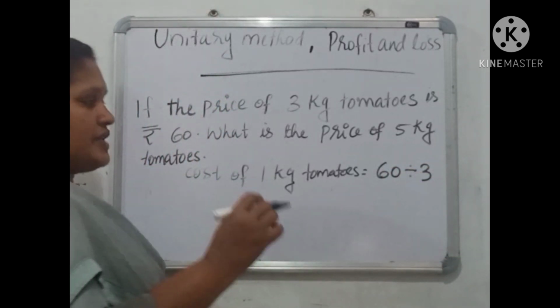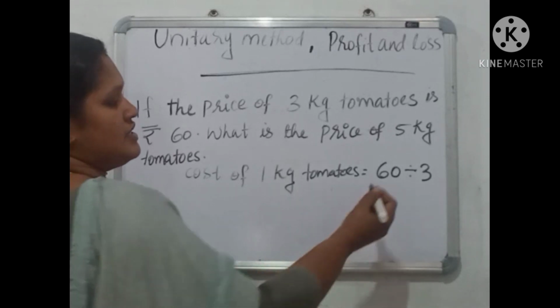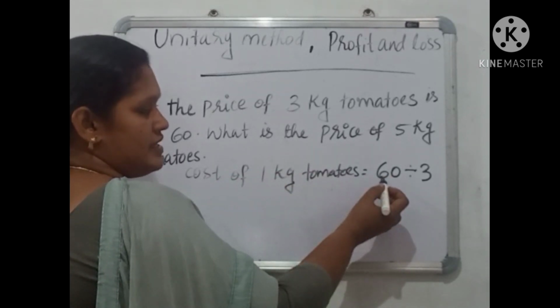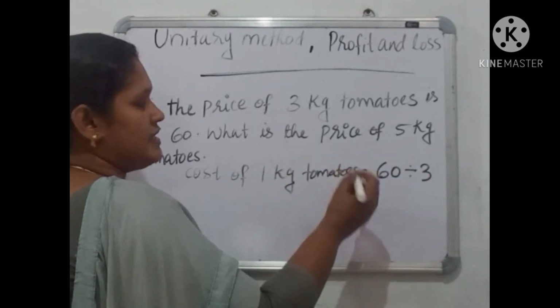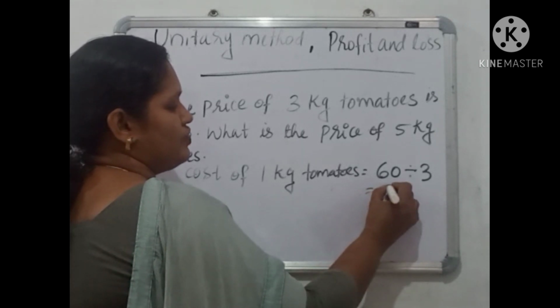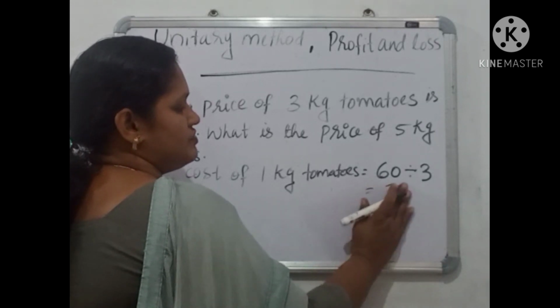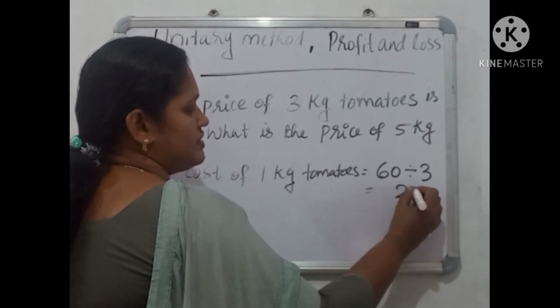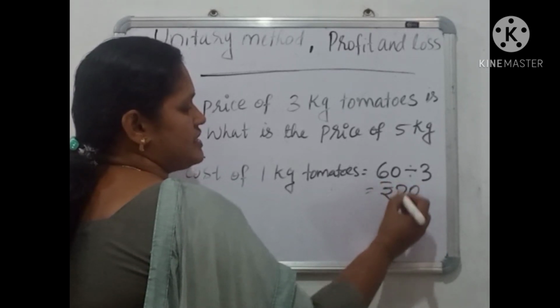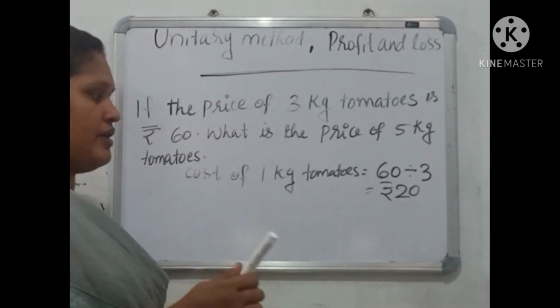The cost of 3 kilogram is 60 rupees. The cost of 1 kilogram is 60 divided by 3, which equals 20. 20 rupees is the cost of 1 kilogram.